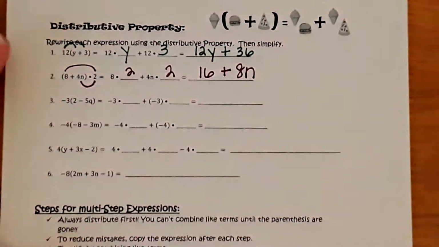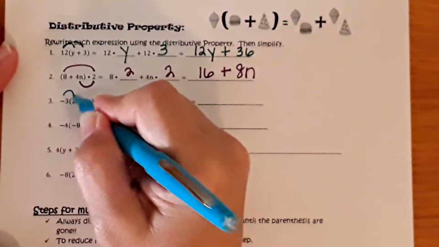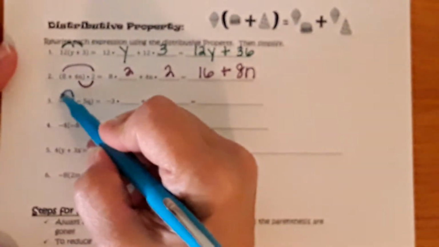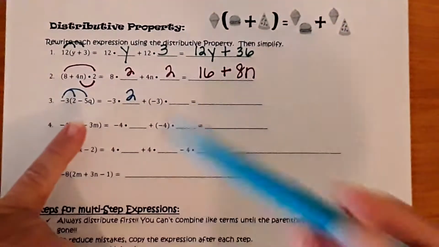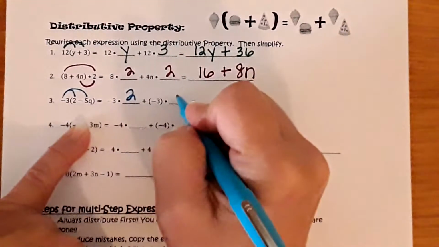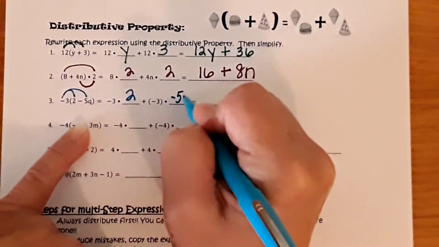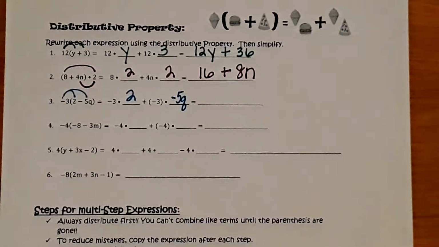Okay, now, look here. I have negative 3 times 2. I have negative 3 times 5q. So negative 3 times 2 goes here. Now, just like we did in like terms, when I go to put this is negative 5q, so I need to put that there. So you take the sign with it, okay?